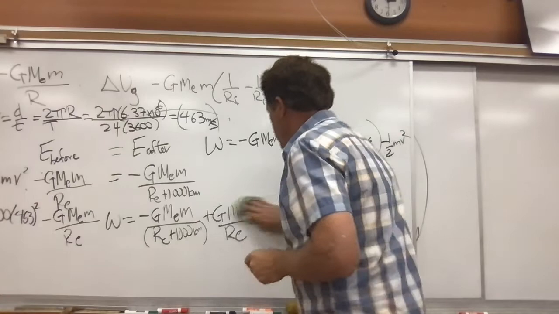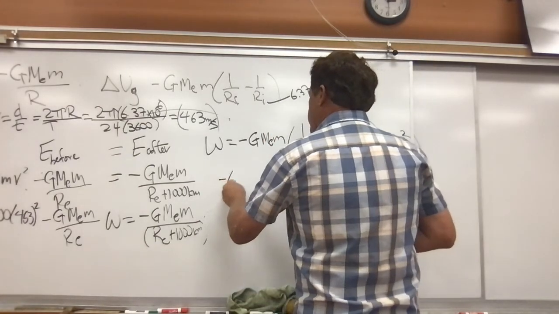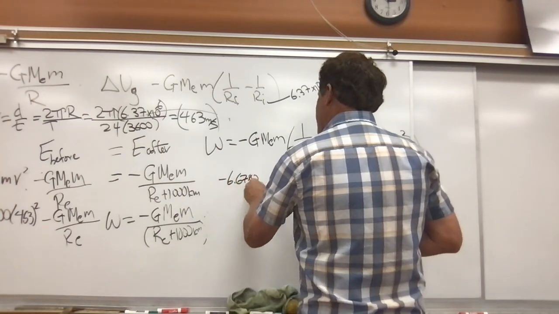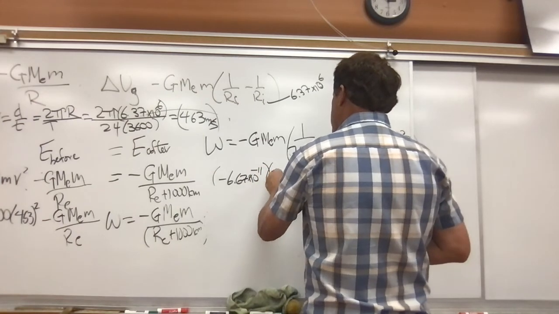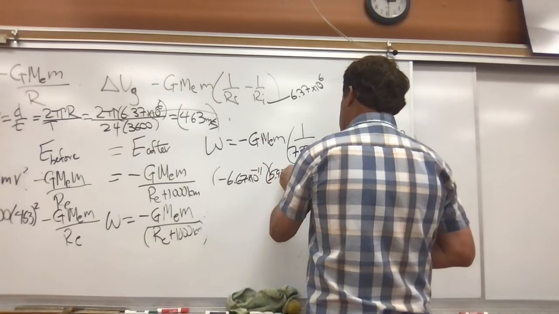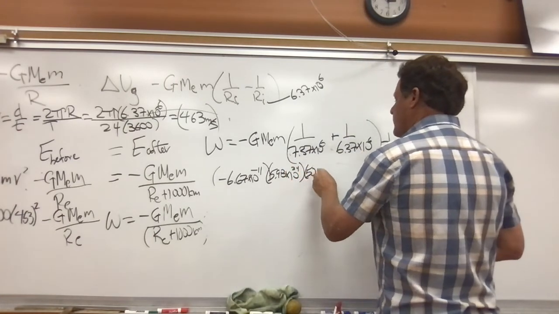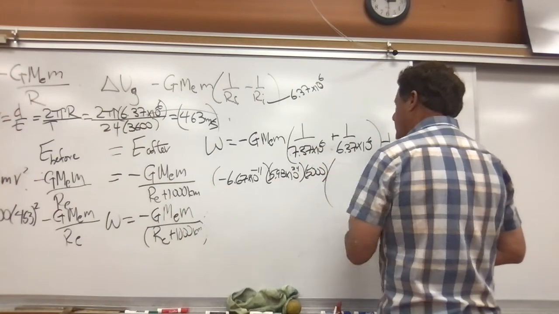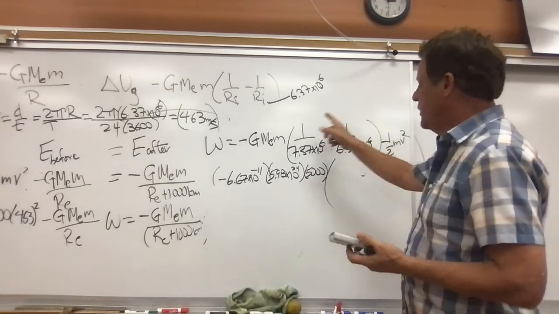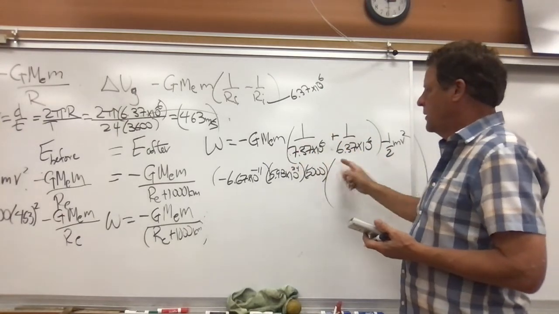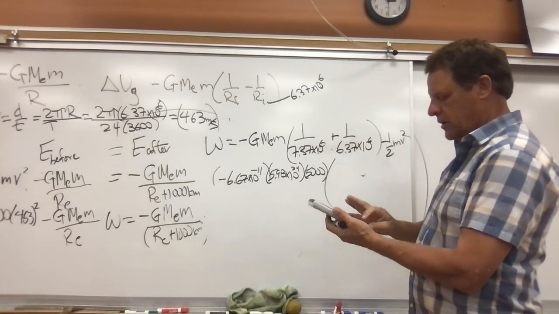And I'm going to get rid of this so I have room. Okay. Negative 6.67 times 10 to the negative 11th, which is G, times 5.98 times 10 to the 24th, times 5,000, times... bear with me here, you guys, I am going to do this calculation in my calculator.